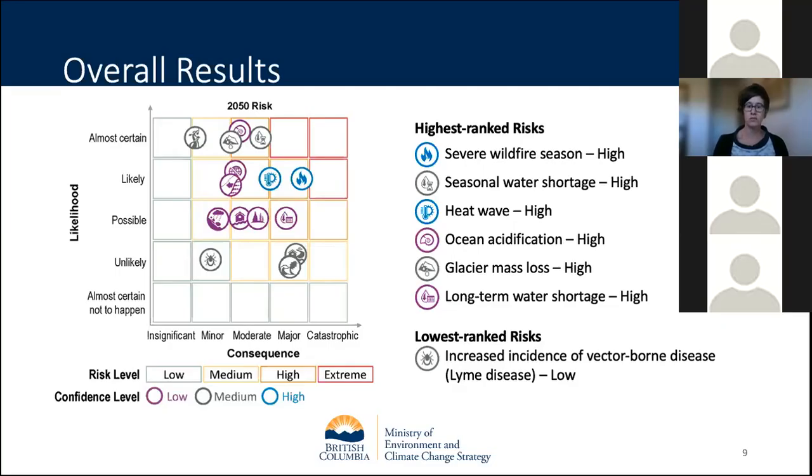Ocean acidification was a surprise for us that it ranked so highly in this assessment, and that's largely driven by the fact that this reduction in pH is almost certain to happen by the 2050s. So this is a risk that is likely to be played out if we continue on the emissions path that we're on today.